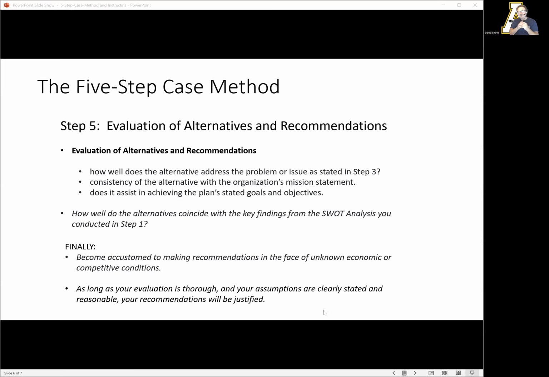Remember, how well do the alternatives coincide with the SWOT findings in step 1? Does it address what you found in the SWOT? Finally, as I stated before, become accustomed with making recommendations in the face of unknown economic or competitive conditions. And as long as your evaluation is thorough and your assumptions are clearly stated, your recommendations will be justified.